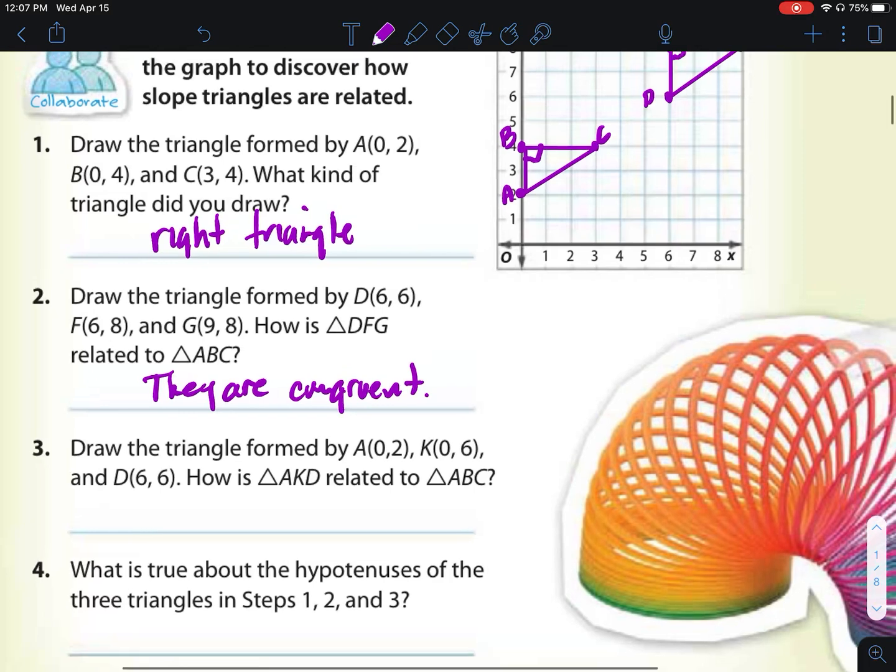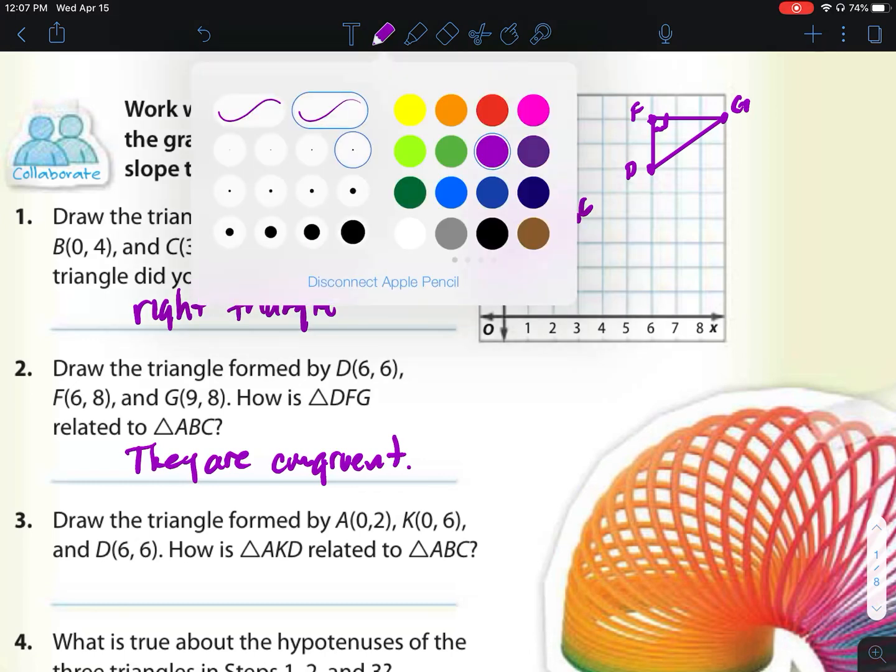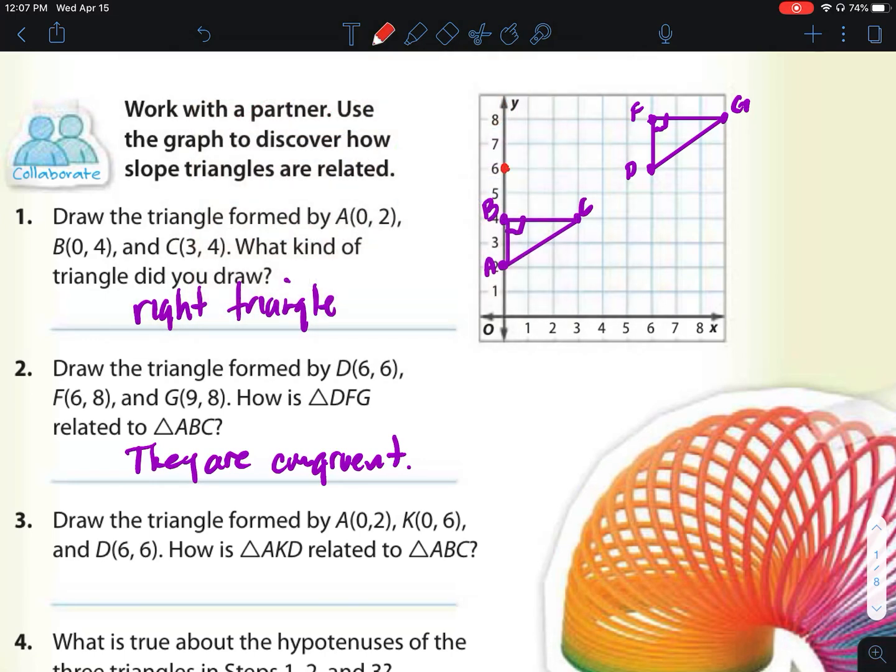Okay, now we're going to draw another triangle. Point A is 0, 2, we draw that. 0, 6 is right here. Point D is 6, 6. It's right here.